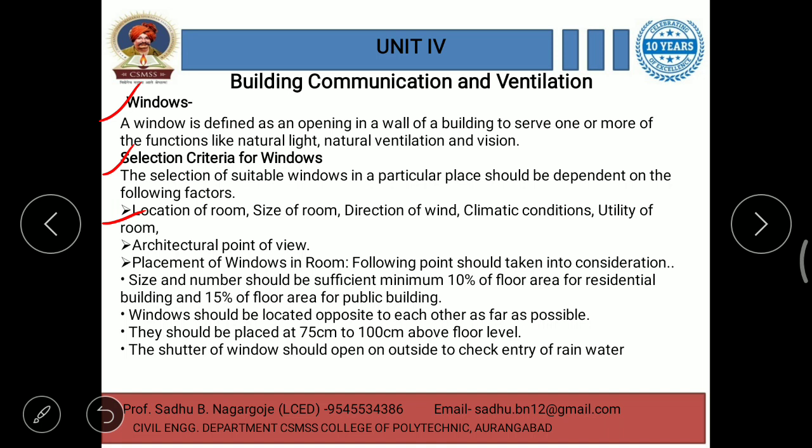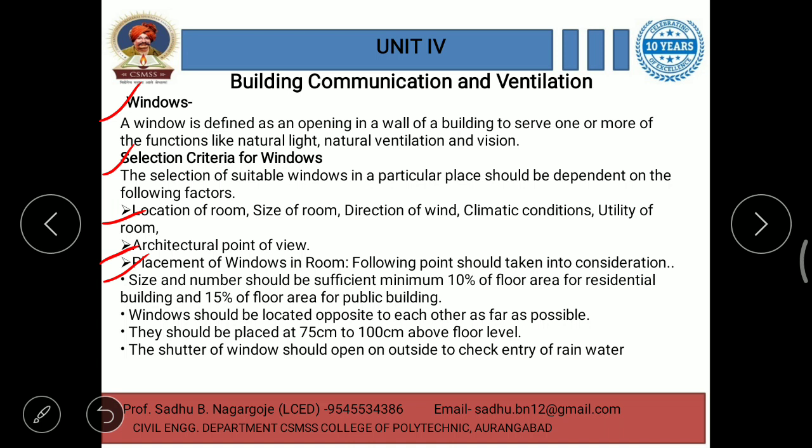All these factors should be considered while deciding the type of window. Architectural point of view, then placement of windows in room. The following points should be taken into consideration.